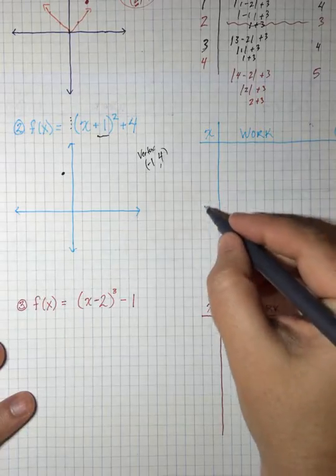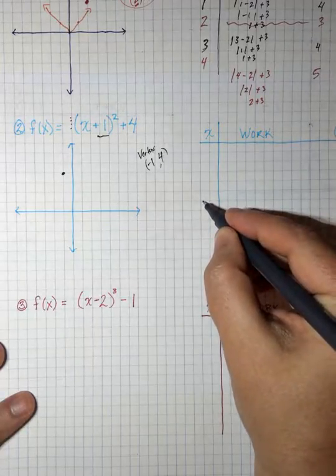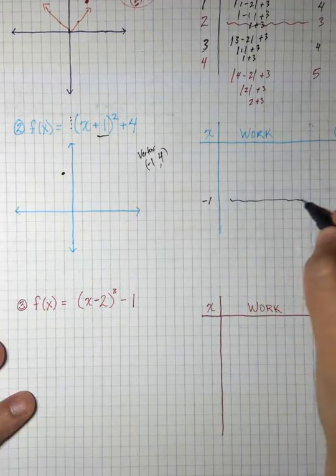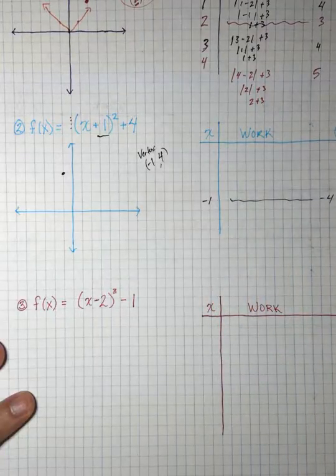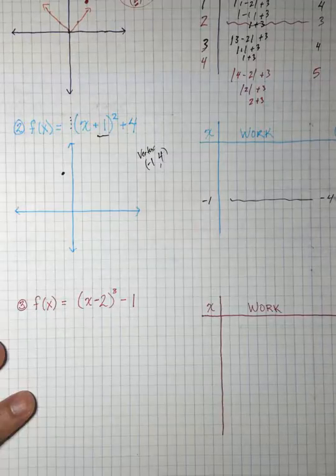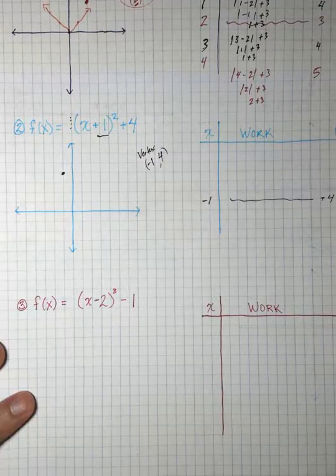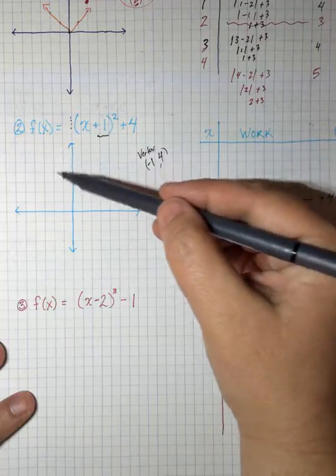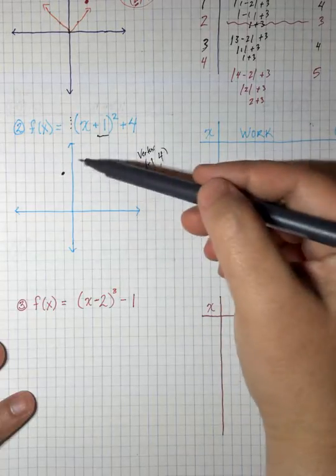So there's my new vertex location. Negative 1, sorry, negative 1, positive 4, there's my new vertex. I want to plug in numbers around negative 1 so I can figure out the actual shape of my quadratic graph, which we know is going to be a U, but we need to know exactly where the points are.